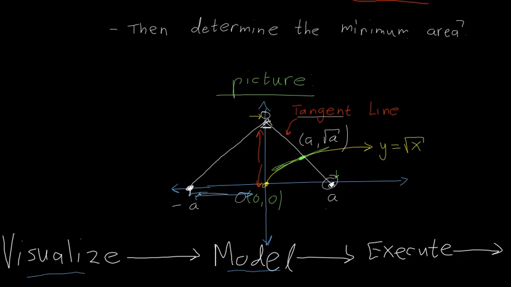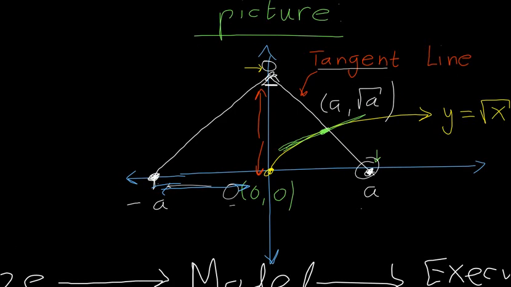So let's not get confused, point O. Both base and height will shrink, so the triangle also shrinks.